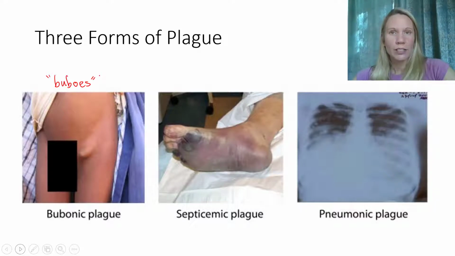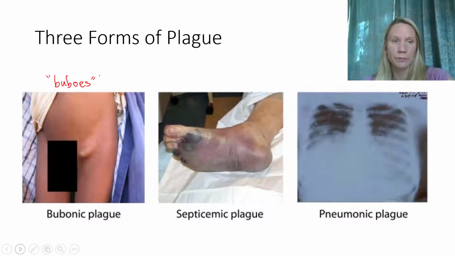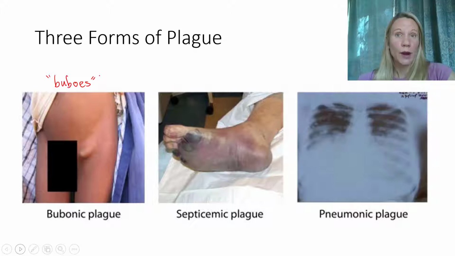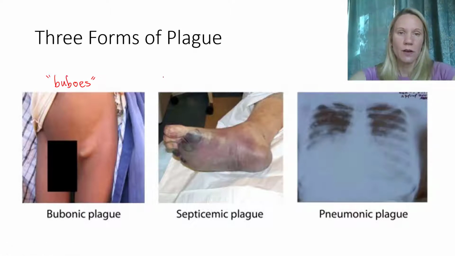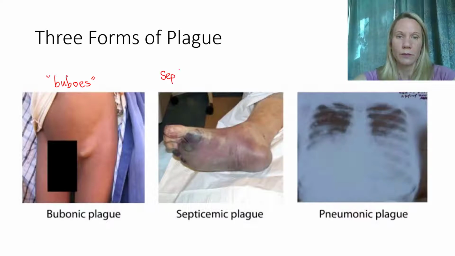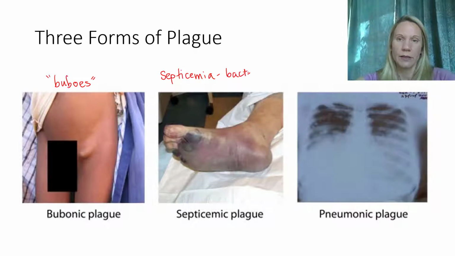Now, we never want bacteria in the blood, okay? And if we get bacteria in the blood that's replicating and producing toxin, we get a condition we call septicemia. Septicemia is defined as a bacterial infection in the blood.